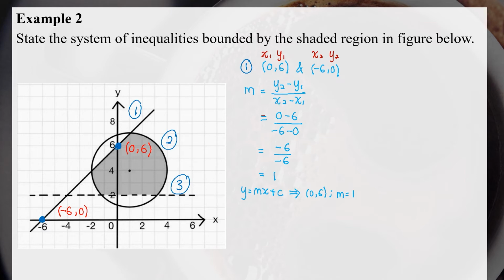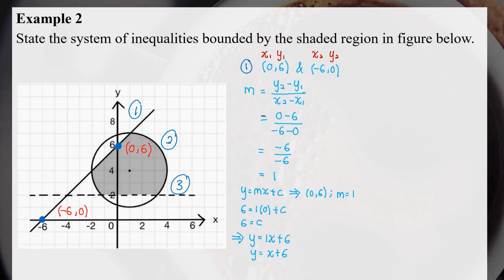So y, which is 6, equals m which is 1, times x which is 0, plus c. So the value of c is 6. Therefore, our equation is y equals 1x plus 6, so y equals x plus 6. This is the equation for the first line.